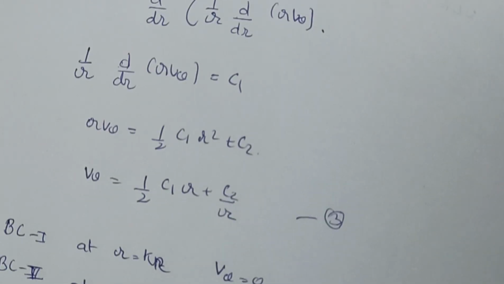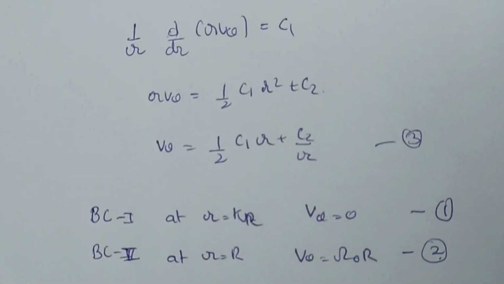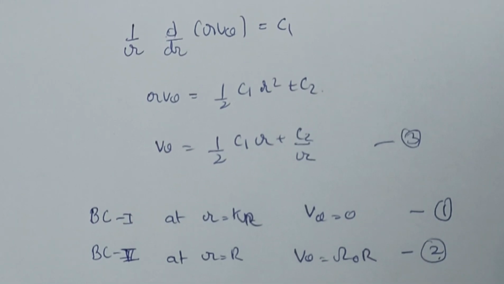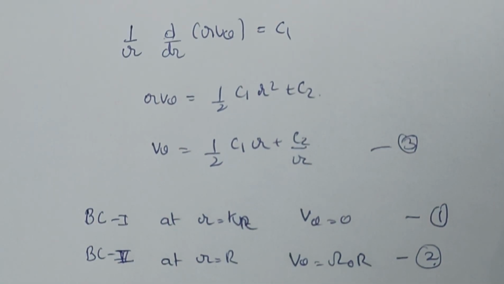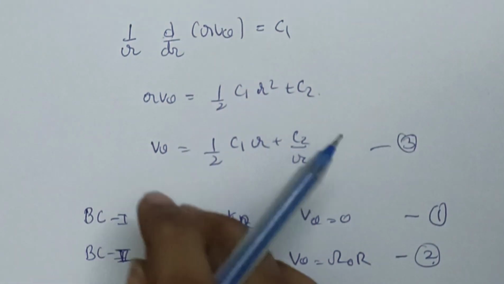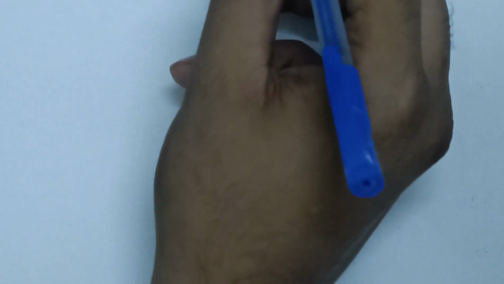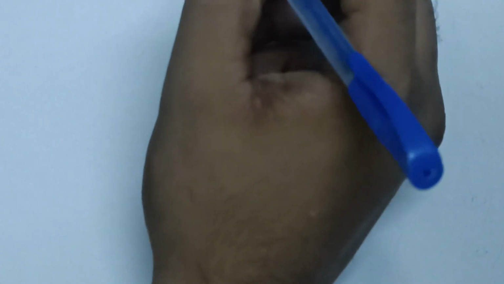So we had these two equations which we solved and obtained the values of C1 and C2. After obtaining the values of C1 and C2, we put them in this equation to get the final equation for v theta. So this is the final equation.